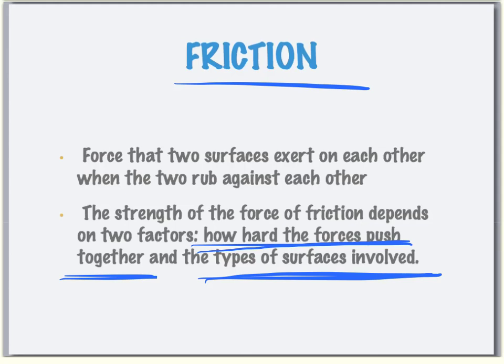We're going to do a lab where we test different types of surfaces and see how much force is needed to pull a sneaker across them. We'll do that next class, and we'll also talk about the different types of friction. I'm going to stop it here, and we'll talk more about it in class this week.